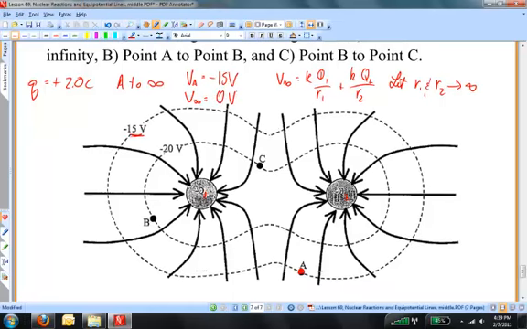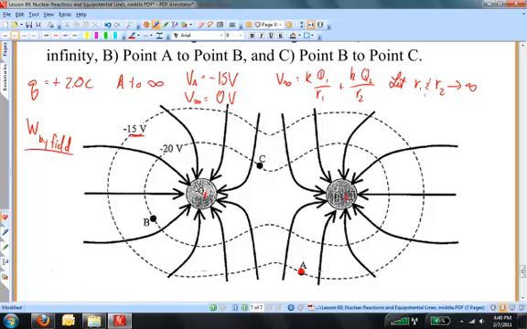Now this problem asks me for the work that's done by the electric field. If I take a positive 2 Coulomb charge at point A, which is near two negatively charged objects, and I remove it to infinity, then I am moving away, and the force that I exert on charge Q to get it from A to infinity is in the same direction as the motion.